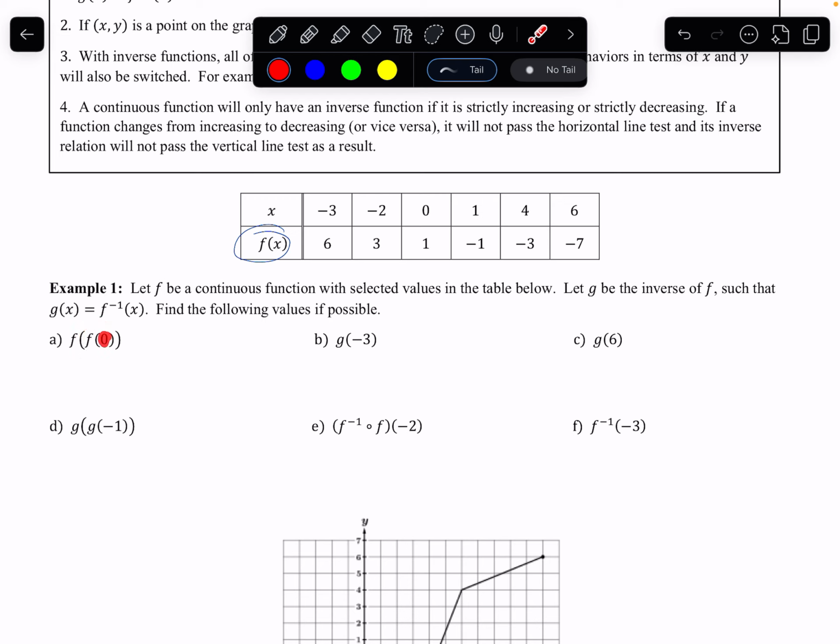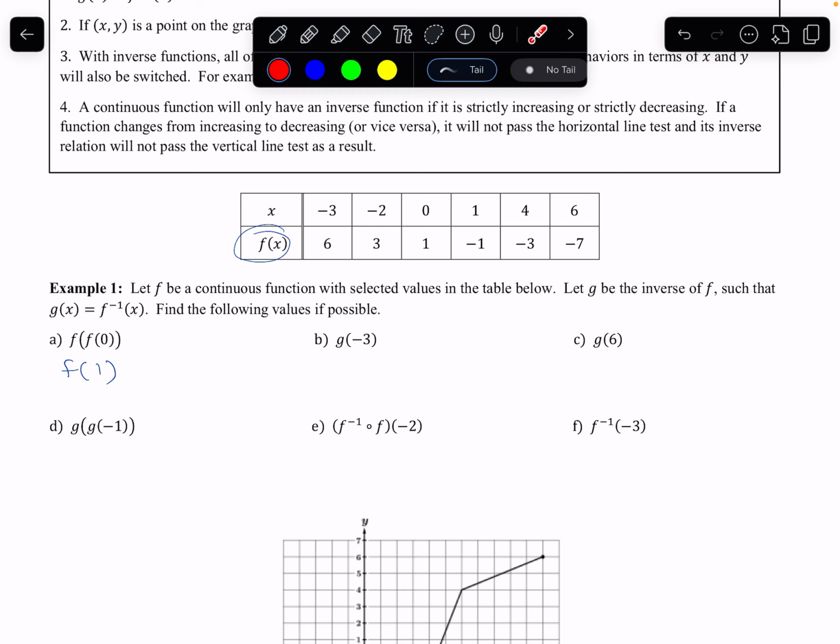All this is saying is put a 0 into the f function. So I go to my f function, I put a 0 into it, and I see that a 1 comes out. So f(0) is 1. So this is actually f(1), because 1 is f(0).